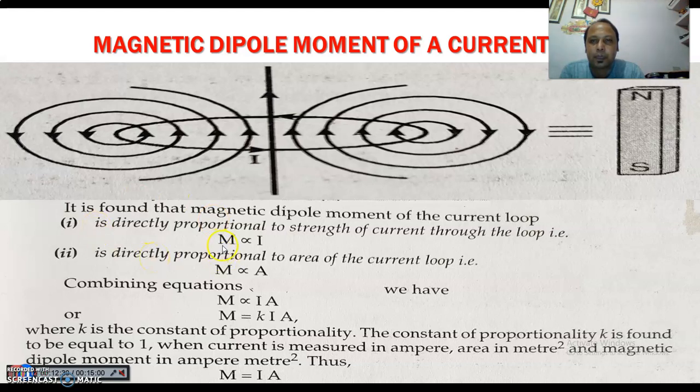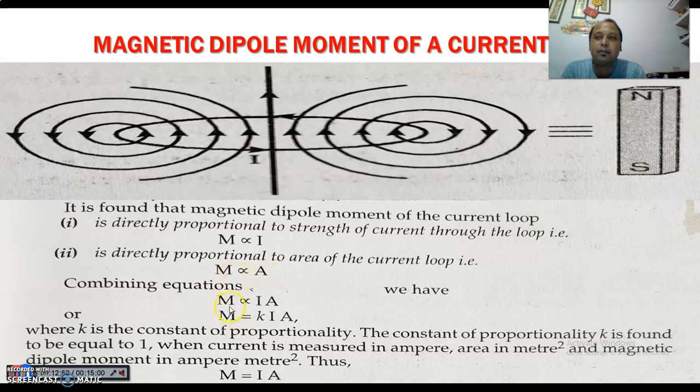The magnetic dipole moment of a current carrying loop is directly proportional to the value of current. That is, the more the current, the more the dipole moment. It is also directly proportional to the area of the loop. That is, the more the area of the loop, the more the magnetic dipole moment.